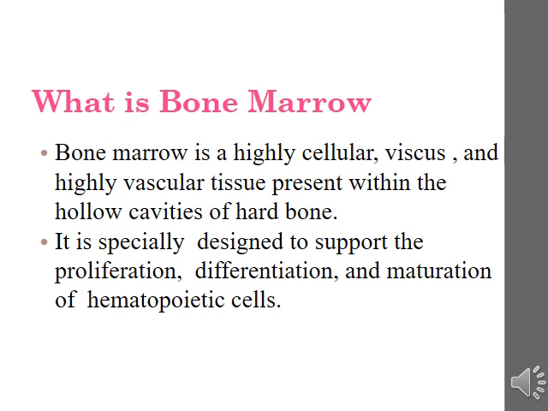So by nature this portion of bone, especially in long bone, is specially designed for the production of new cells, starting from initiation or production of the cell till maturation of cells. Okay, so almost all types of cells are produced in the bone marrow. So that's why bone marrow is most important for study.